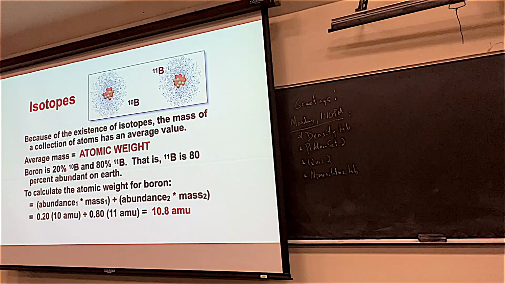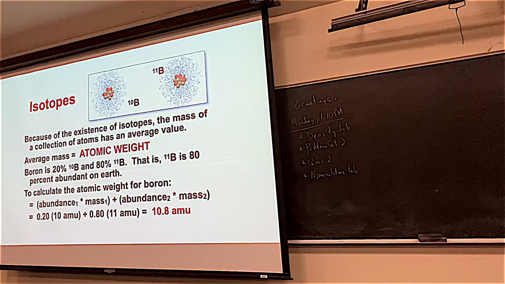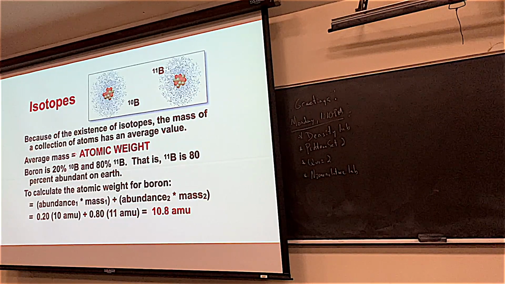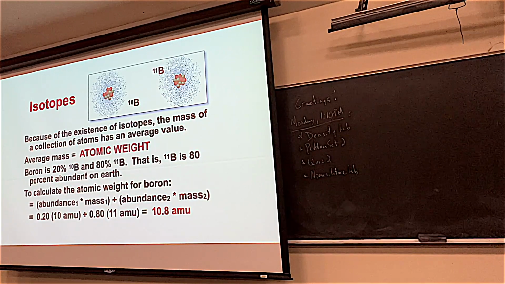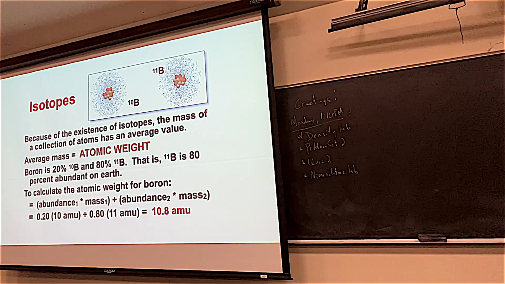So if this is boron 10, we can find quickly the number of protons by looking at the periodic table. 5 protons makes boron. Boron always has 5 protons. So if the mass number, which is what that number represents, is 10, the number of neutrons would be mass number minus atomic number, or in this case, 10 minus 5 neutrons.